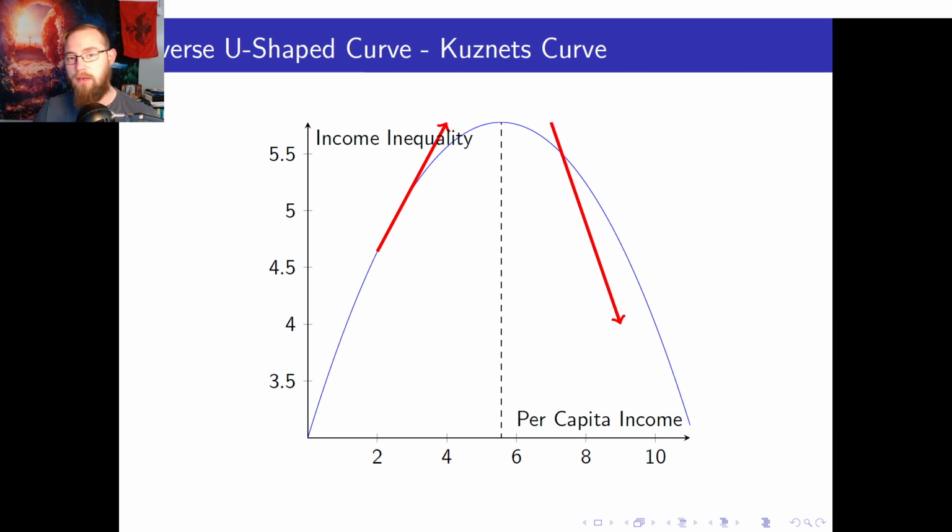This is due to the division of labor and stuff like that. At some point, it starts to decline and you start having less income inequality because now your civilization cares more about what's going on. So they're more likely to increase taxation, move towards a higher rate of redistribution, et cetera. And all of these impact that income inequality metric.